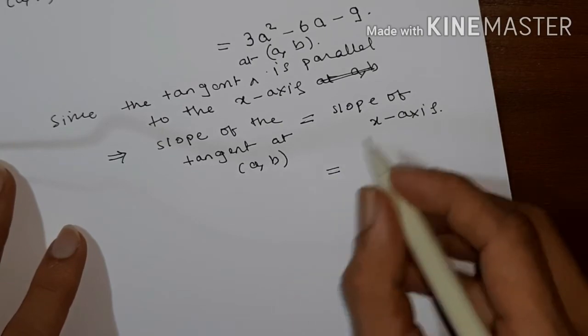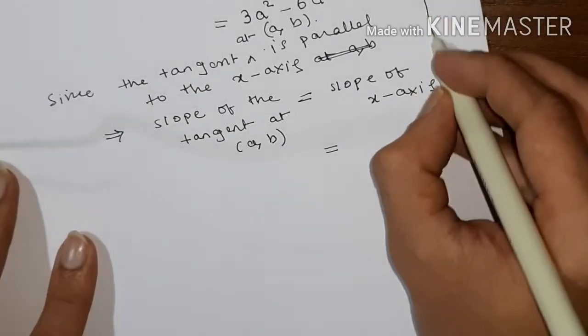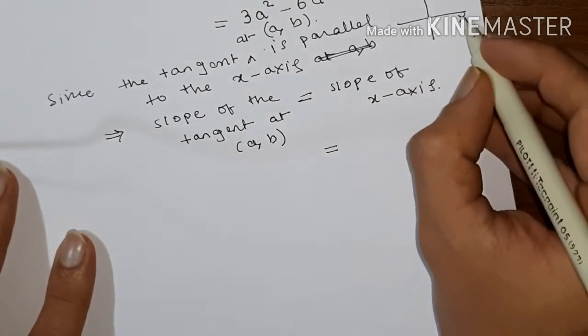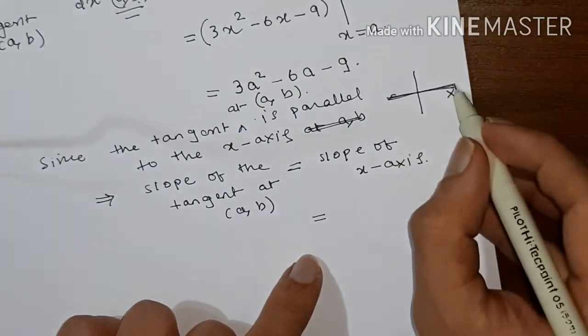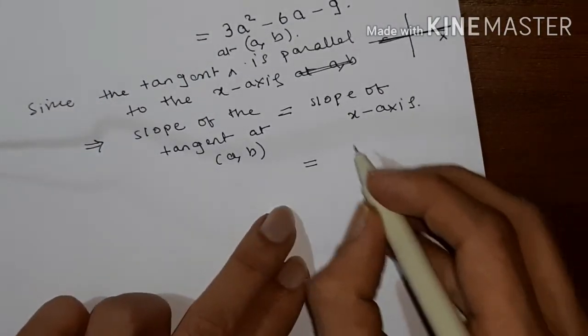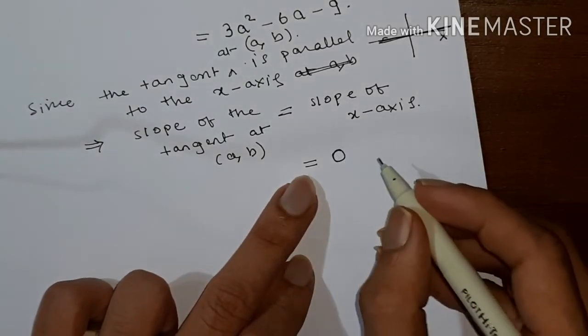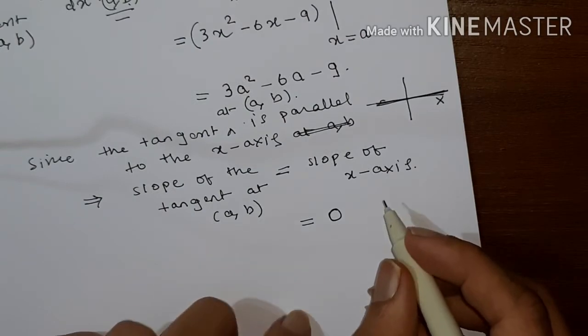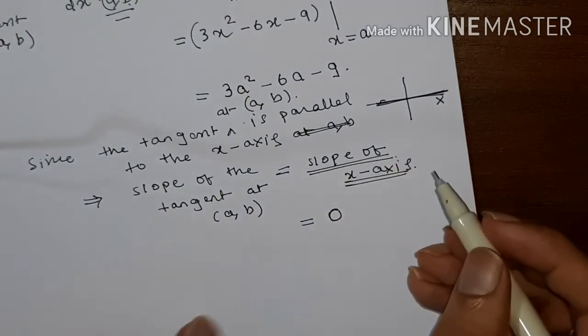So what is the slope of the x axis? This is the x axis, and this is a parallel line to the x axis. The x axis is parallel to itself. So what is the slope of the x axis? It is 0. You have to know that the slope of the x axis is always 0.